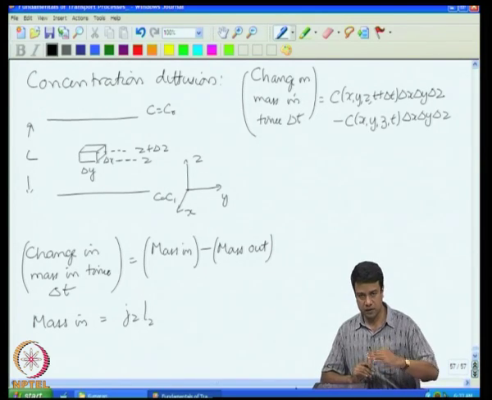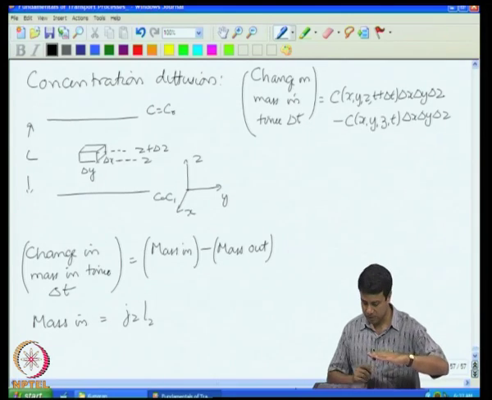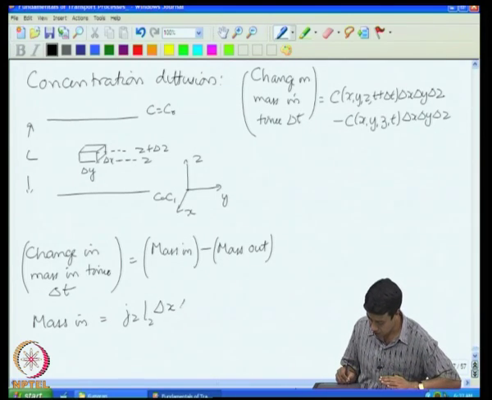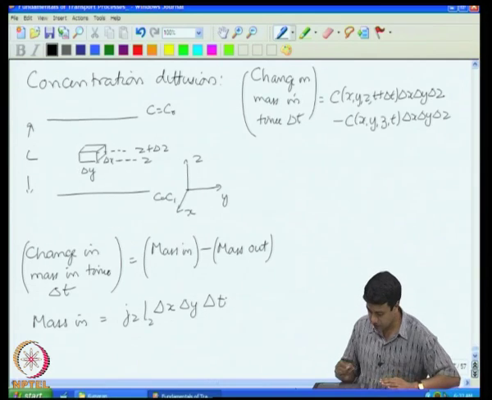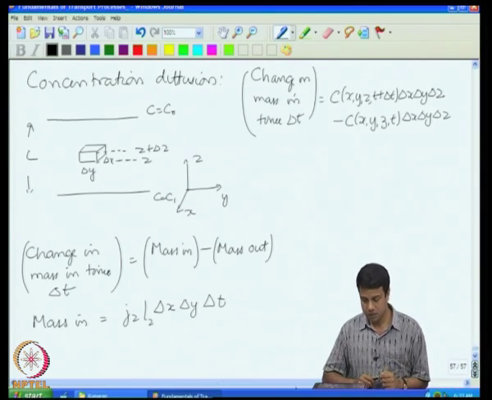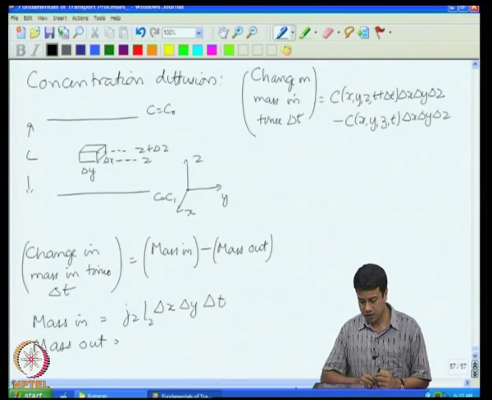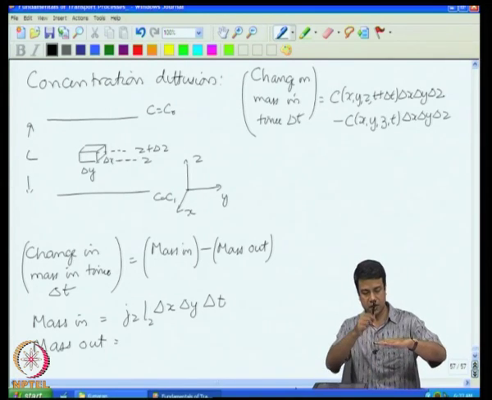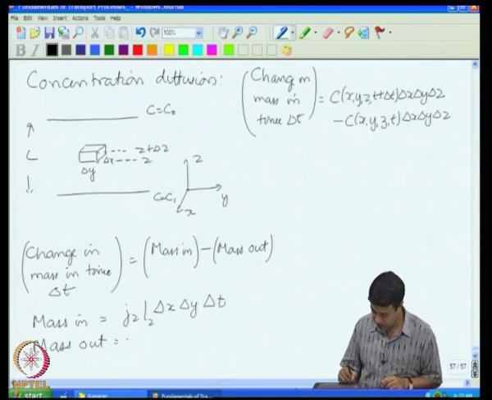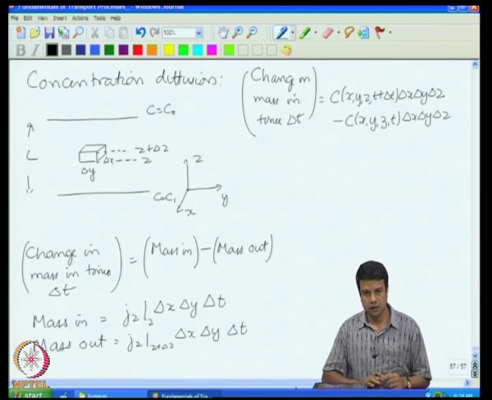So, I have to multiply that by the cross sectional area of that bottom surface, delta x, delta y, and the time interval delta t. So, that is the mass in at the bottom surface, at location x, y and z. Mass out at the top surface is going to be equal to the flux at the top surface times the area times time. So, this is going to be equal to J z at z plus delta z, delta x, delta y, delta t.